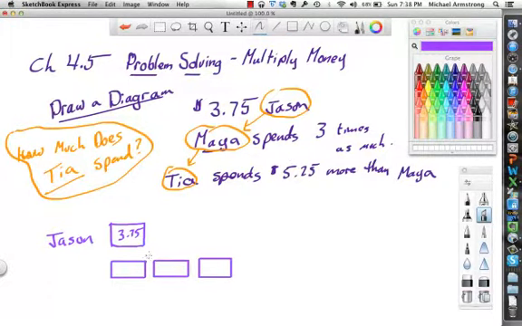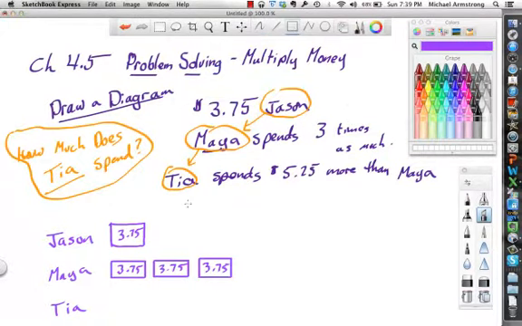So we would add $3.75 inside each one of these boxes, because Maya spends 3 times as much as Jason. Okay, and then Tia spends $5.25 more than Maya.